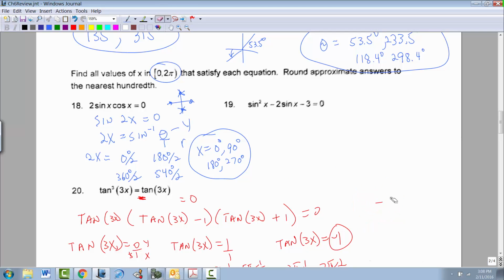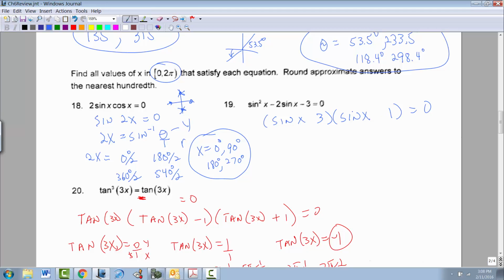All right, and then this next one. There's not anything going on here. This is actually factorable. There's no sine 2x's or anything like that. These are like terms, so I'm allowed to go ahead and factor. I think it's 3 and 1.